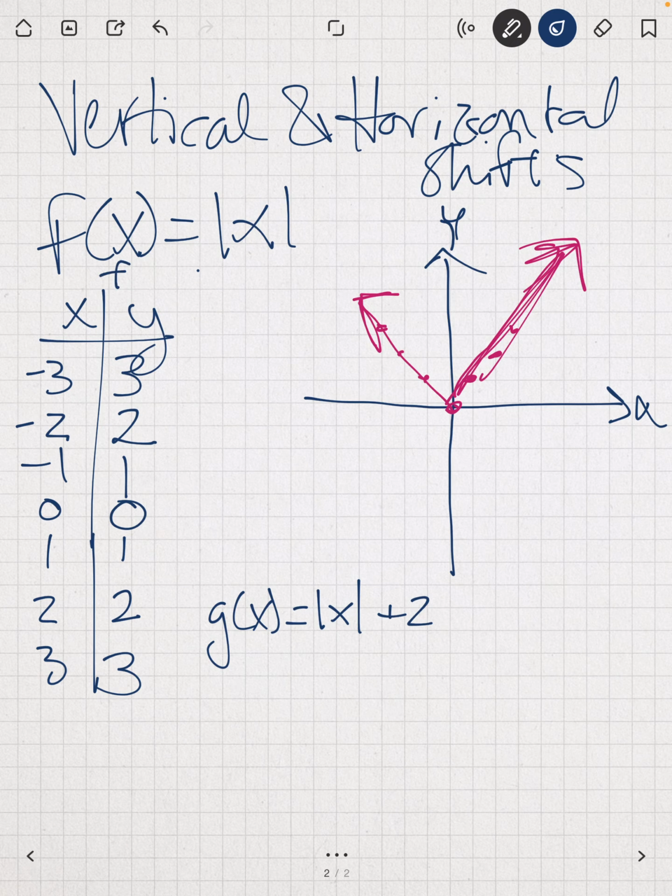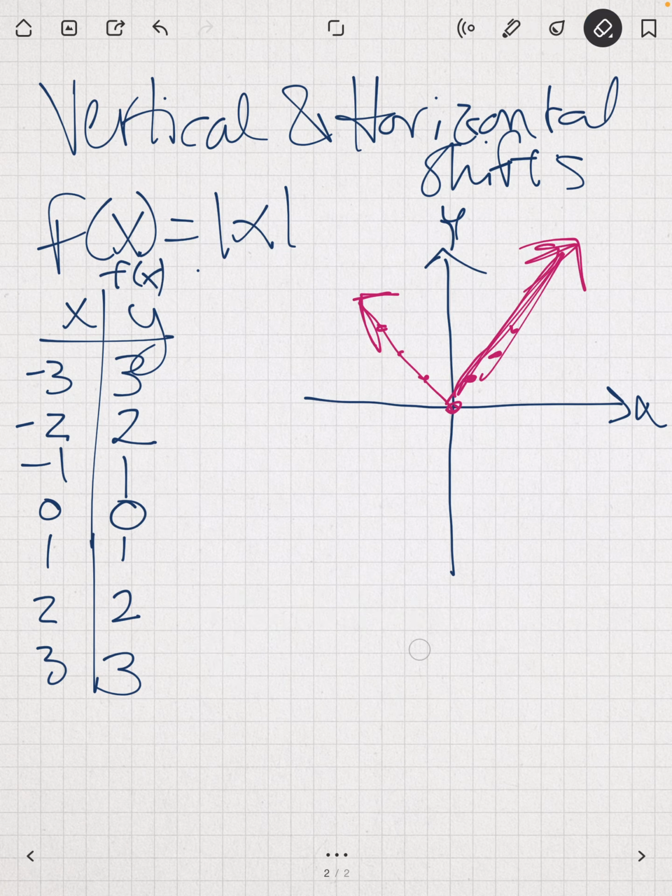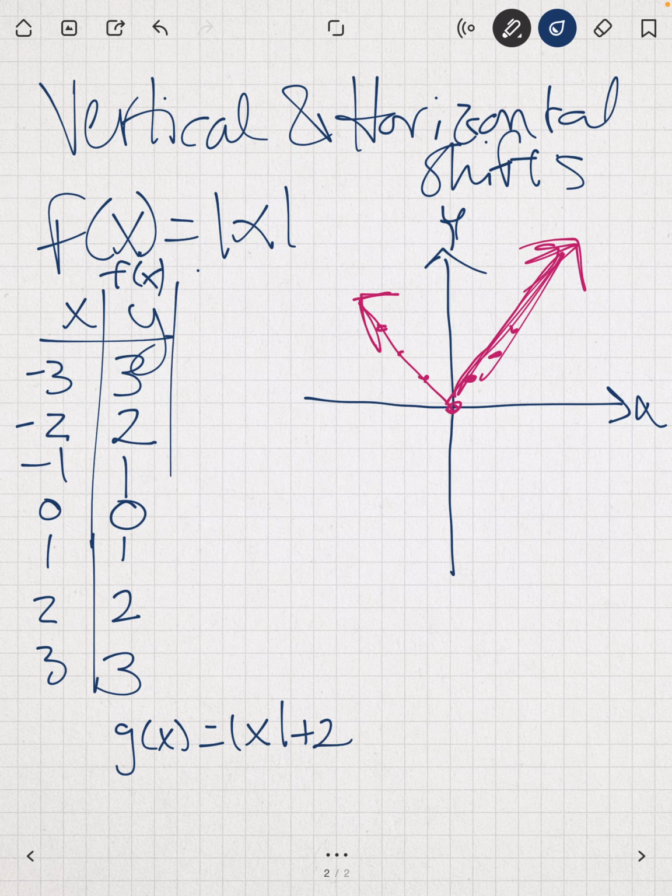So this column here is f of x, and now I'm going to rewrite that down below. If we have g of x is the absolute value of x plus 2, I'm going to add another column for g of x. So g of -3 is the absolute value of x, but then we add 2.